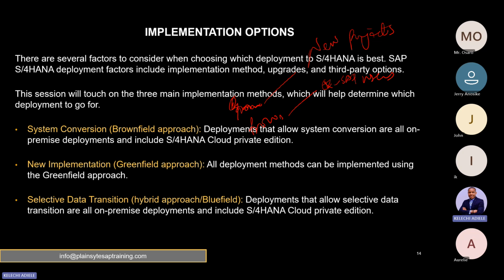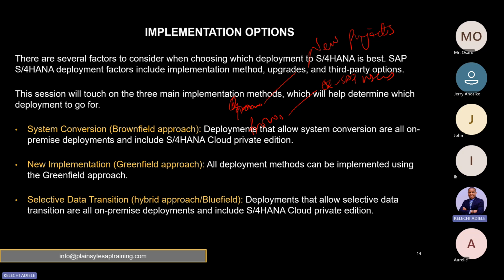So brownfield implementation options allow system conversions on premise and of course have cloud versions. What it means is that for brownfield projects, since you were already existing in an SAP platform and you're moving from one SAP platform to another, you can still be on your on premise. We can also do it on cloud for you.